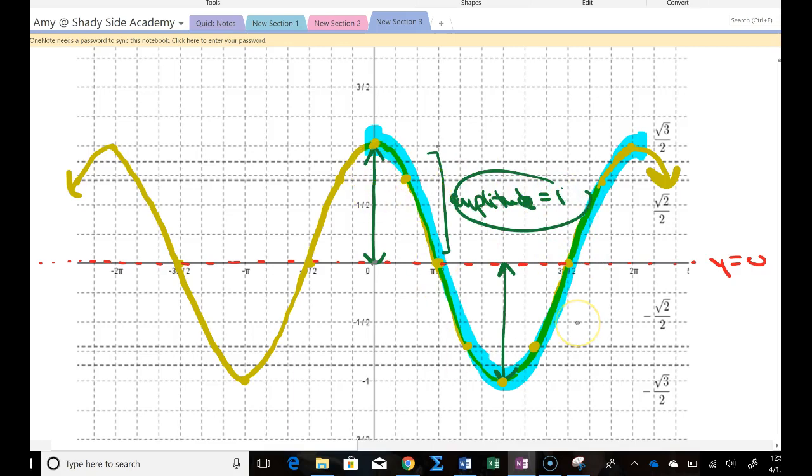Also, what's not different is that the period of y equals cosine x equals 2 pi radians, or if we were in degree mode, 360 degrees. What's different is how we think about one period. If you use the technique I showed you for graphing sine functions, I want you to look at this for a minute.